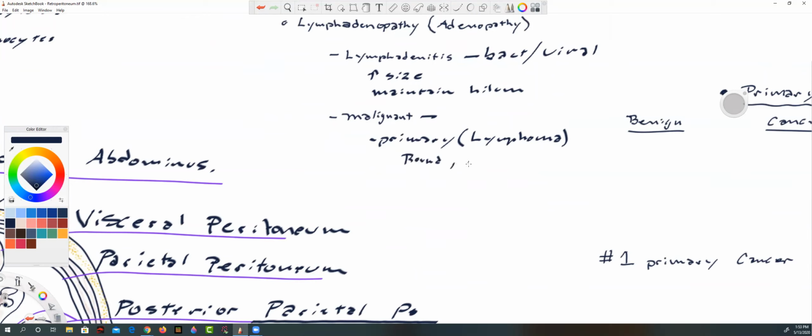And it says hypo to anechoic, but I'm going to tell you anechoic, black. And no hilum. Can't see the hilum anymore.